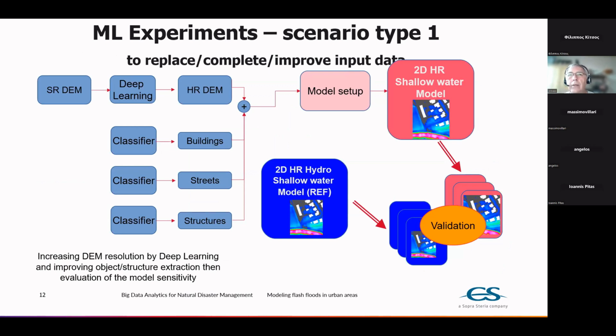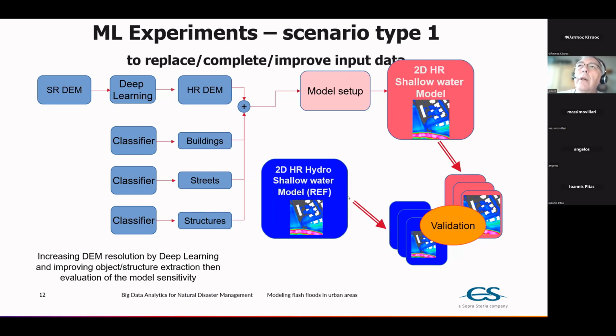Now I will give you two examples of scenarios of how we can use the AI model once it is, which is not completely done right now, verified against the hydrological model. For example, in many places, you don't have high quality or high resolution data.